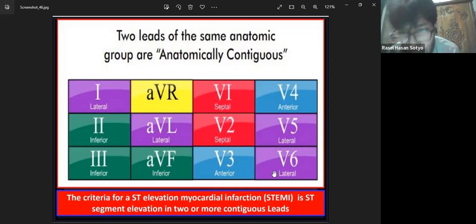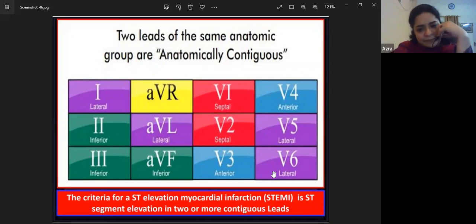Ma'am, in the ECG paper, if the ST segment is changed in leads 2, 3, and aVF, that's why we call it inferior MI?